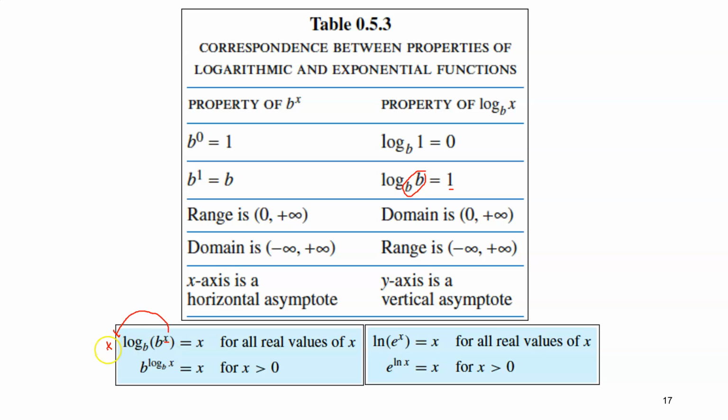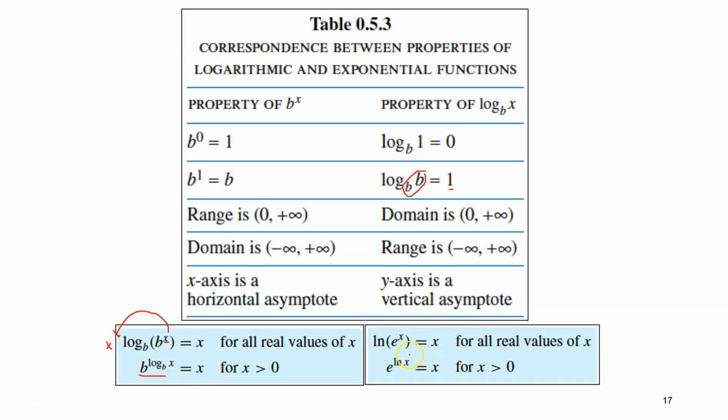That's why yang tinggal cuma x times 1. You get x over there. Okay, and this holds for all real values of x. And this one, when you have b to the power of log base b of x, you will get x again. So bila ni sama, you akan dapat yang ini semula.